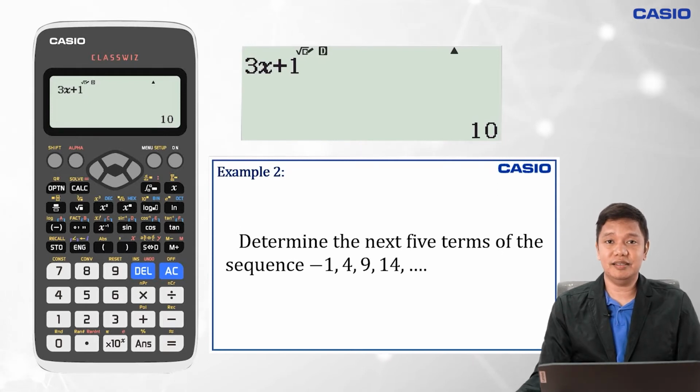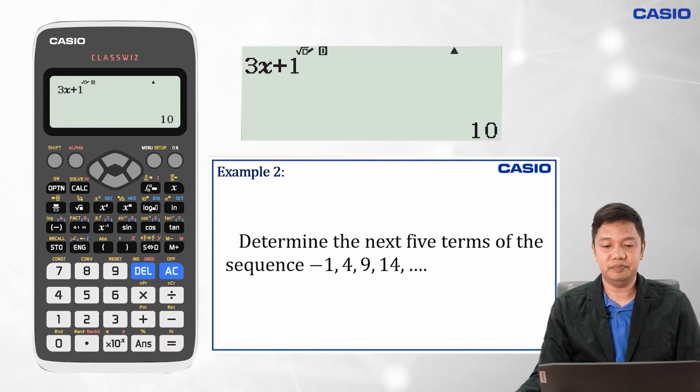Let us consider this next example. In this example, we are asked to determine the next 5 terms of the sequence defined by -1, 4, 9, 14, and so on. In this sequence, we can see the pattern that each next term is increased by 5.